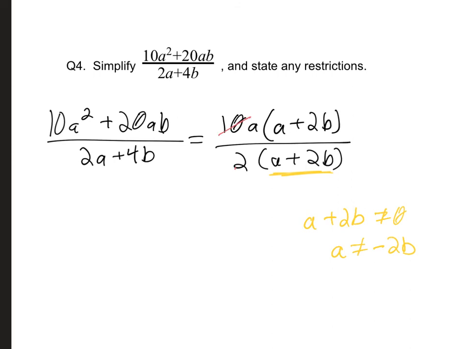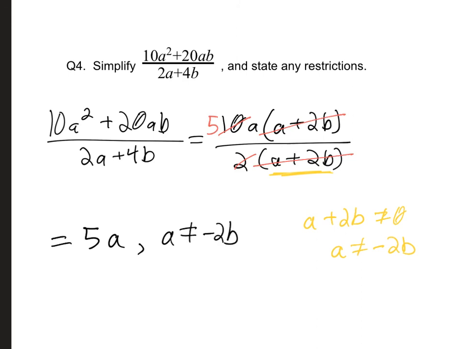All right, time to simplify now. So 10 divided by 2 will leave us with a factor of 5 in the numerator. And we have a plus 2b divided by a plus 2b, which divides to give us 1. So our answer is 5a. Everything else has simplified, but it's only 5a if a is not equal to negative 2b.